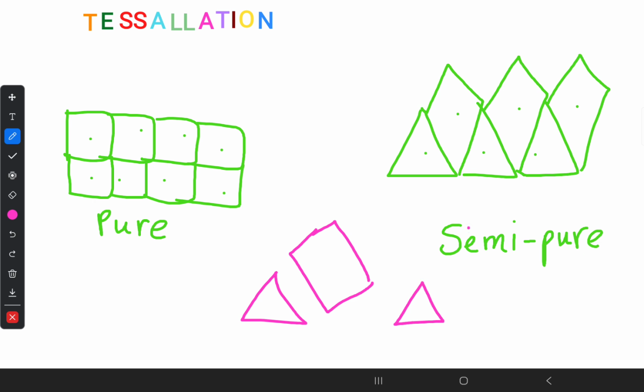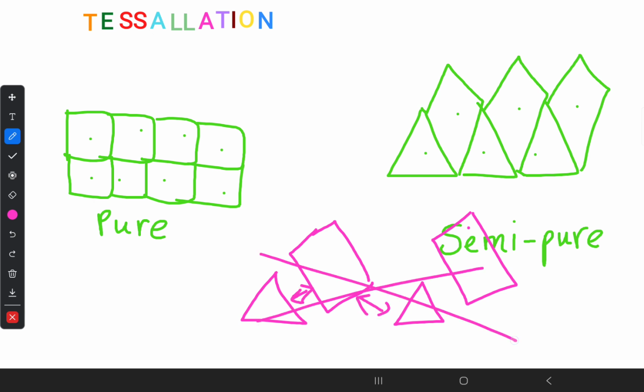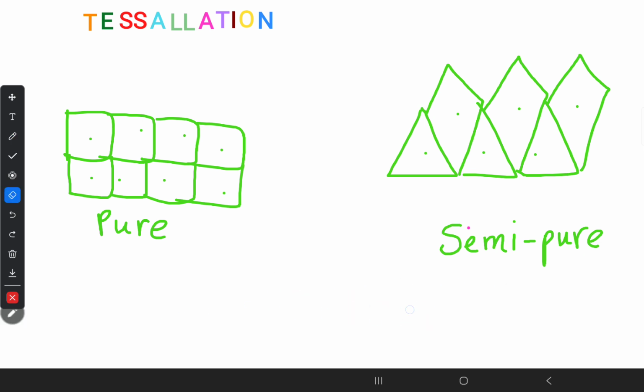When you draw something like this, triangle, rectangle, here there is a gap. There is a gap between these shapes. This cannot be considered as a tessellation. This is an exception. These are not coming under tessellation. Those are patterns but not tessellations.